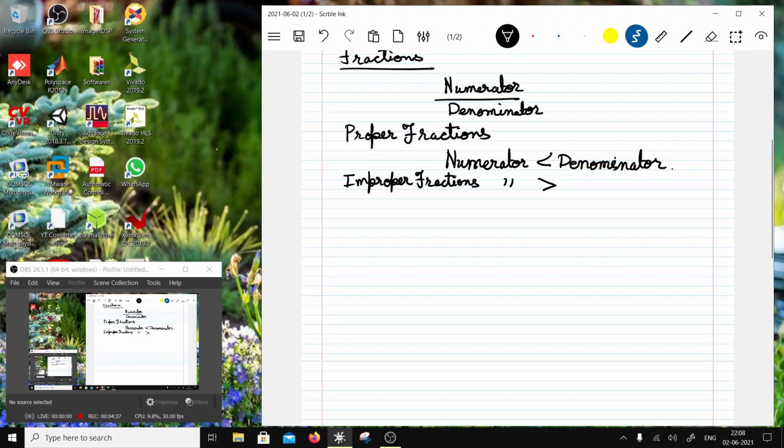Proper fractions evaluate to less than 1, and improper fractions evaluate to greater than 1.